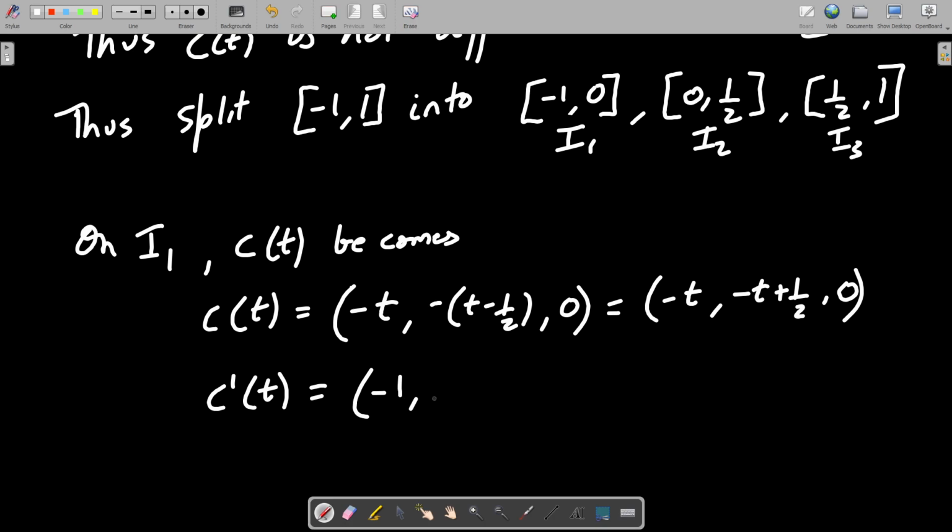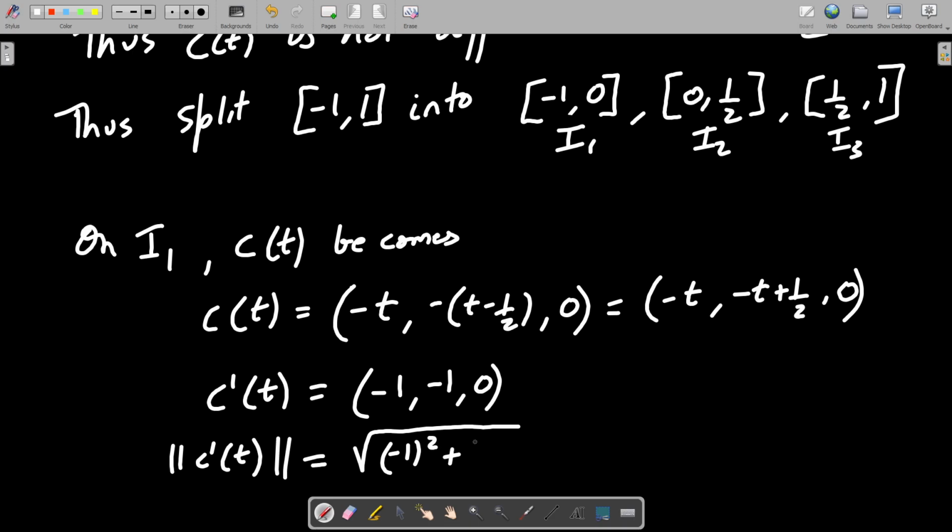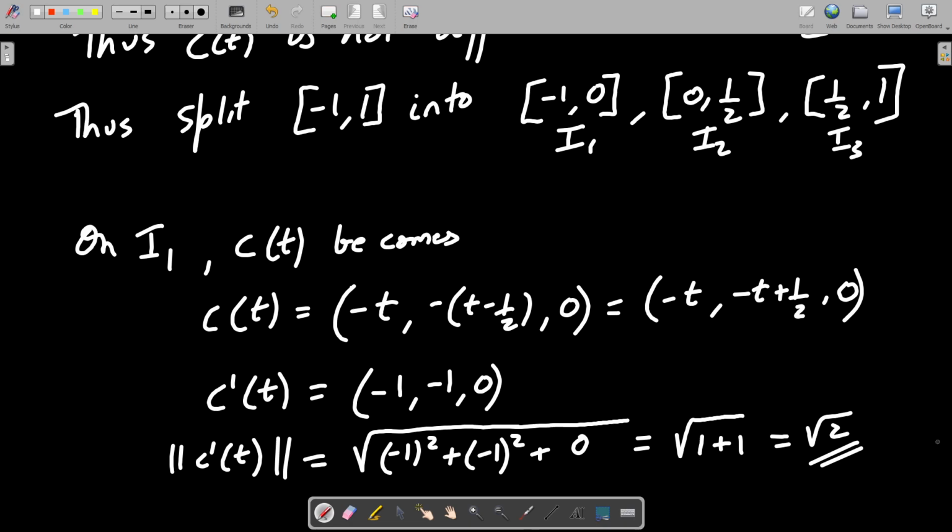This will become -1, -1, 0. Norm of c prime of t will become root over 2, okay, root 2.